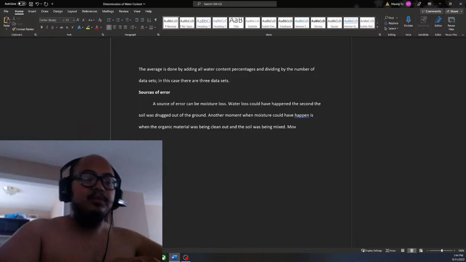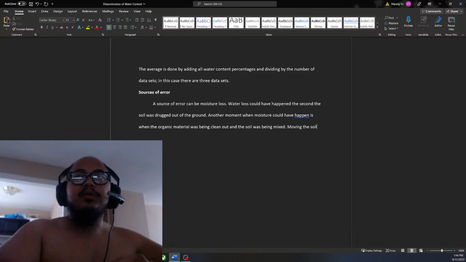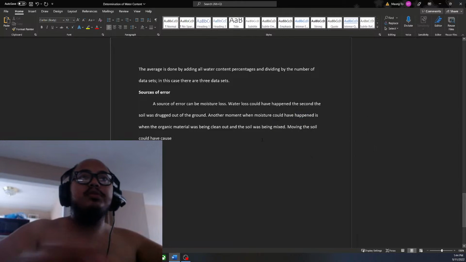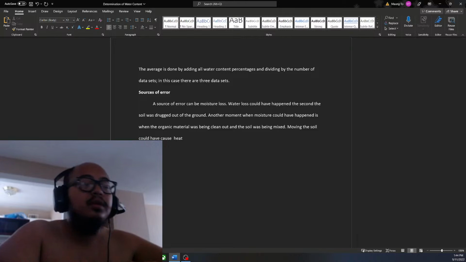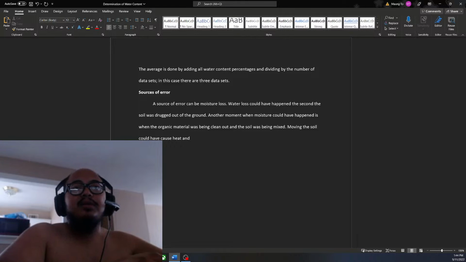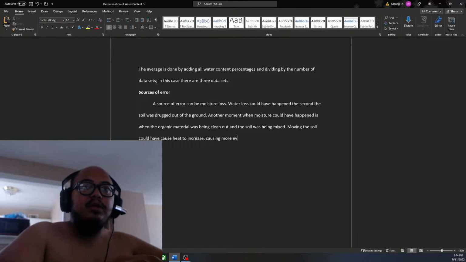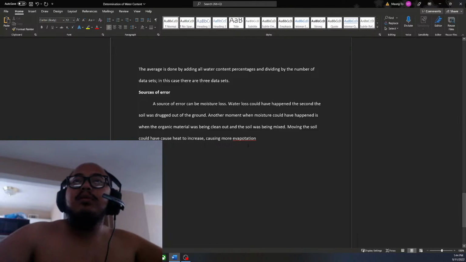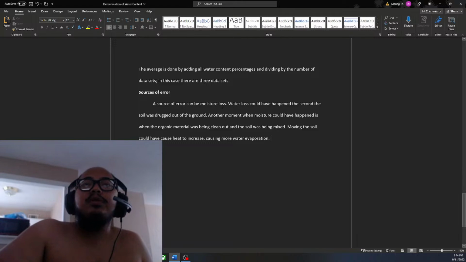Moving the soil could have caused a heat increase, causing more evaporation of water. A source of error can be moisture loss.